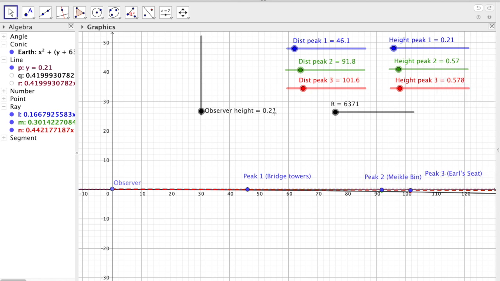Observer height is, as I mentioned, 210 meters. So let's see how this looks.